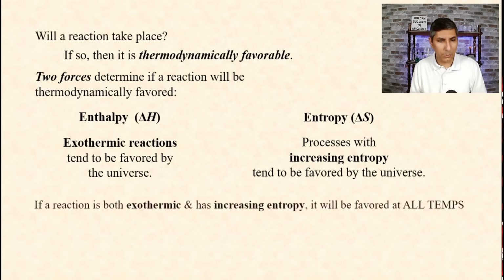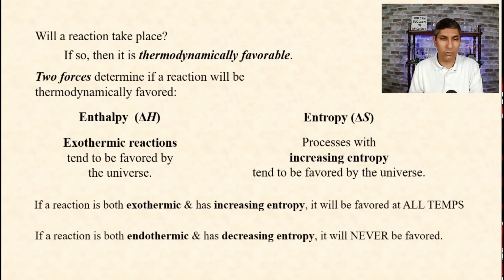Now, if you ever encounter a reaction that is both exothermic and has increasing entropy, so that's a negative delta H and a positive delta S, then the reaction is really going to be favored, basically at all temperatures. If it's the opposite, though, if you have an endothermic reaction and it decreases in entropy, well, the universe doesn't like either of those. So that process is never going to be favored, no matter what the temperature is.